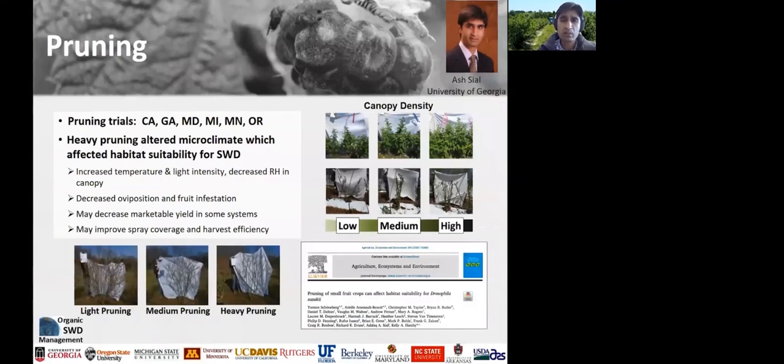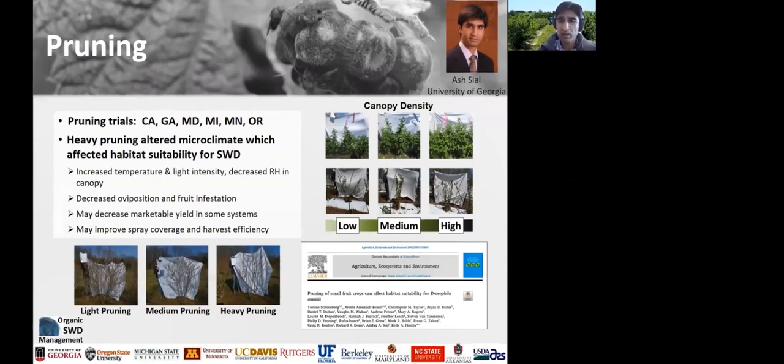Pruning is another important factor for SWD. What it does is basically heavy pruning opens up the canopy, lets more light pass through the canopy, which slightly reduces relative humidity and increases temperature, which creates a less favorable environment within the canopy where most of the fruit is. As a result, overall fruit infestation decreases.